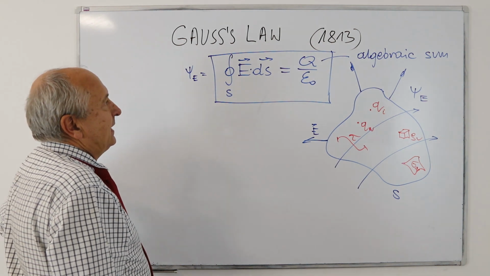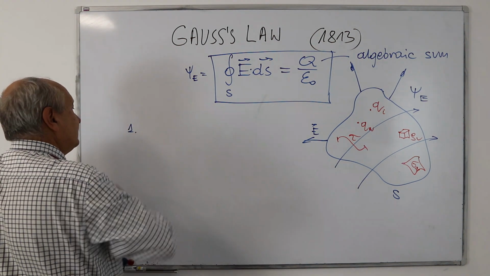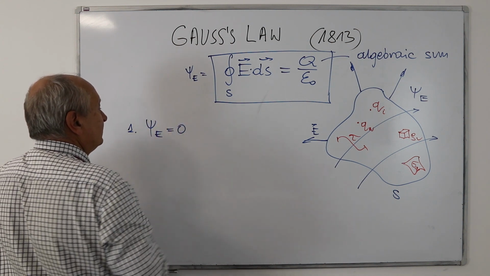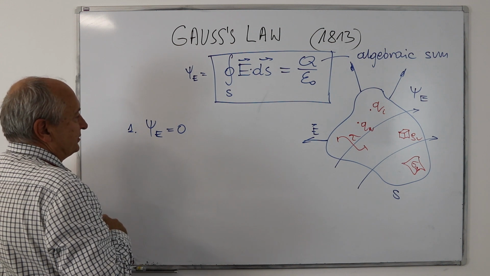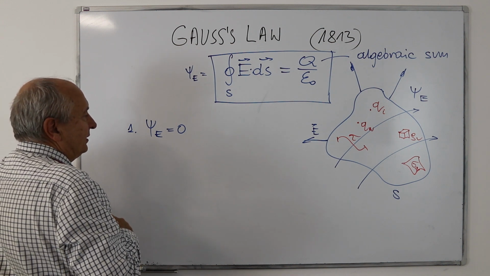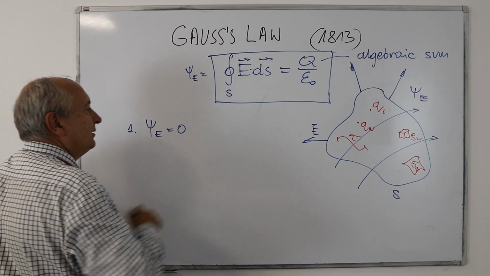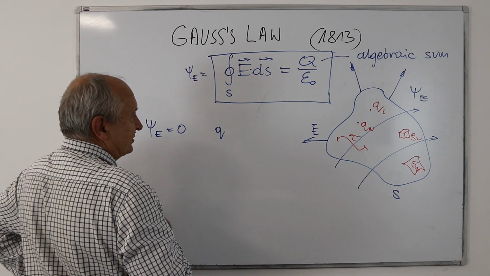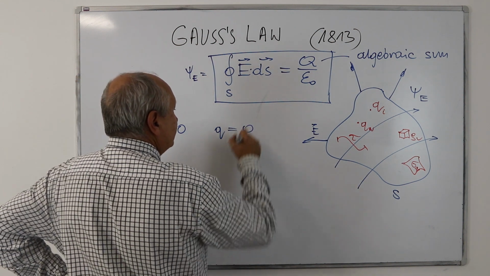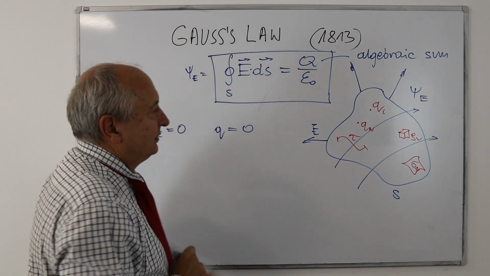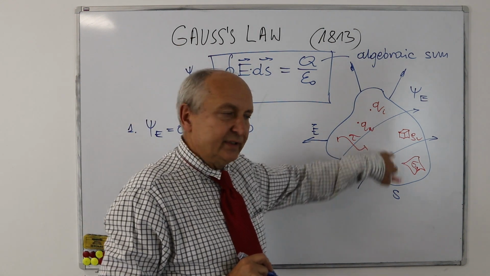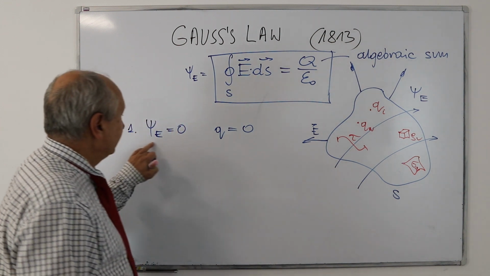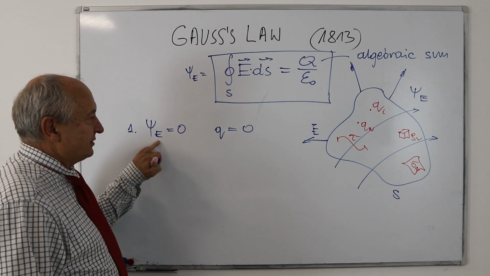And now we have to understand the Gauss law. First, if the flux is equal to 0, does that mean that we don't have charges inside this closed surface? Of course, if we don't have charges, it always gives us flux equal to 0.